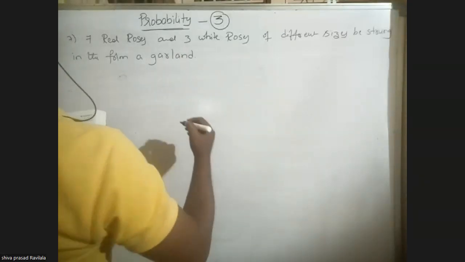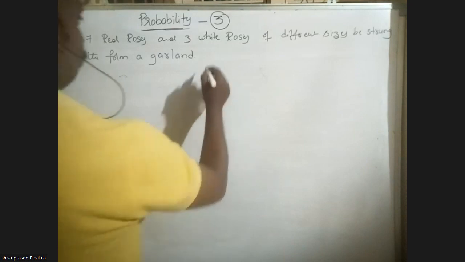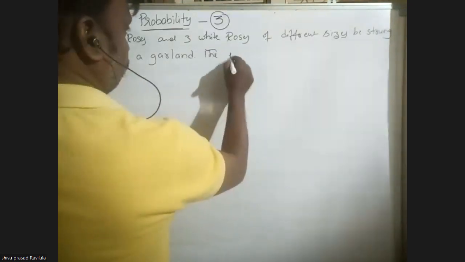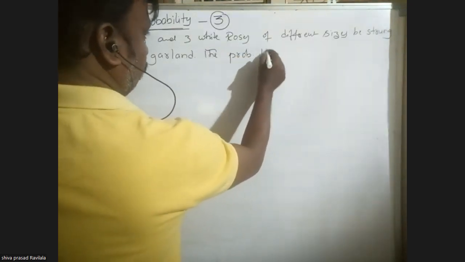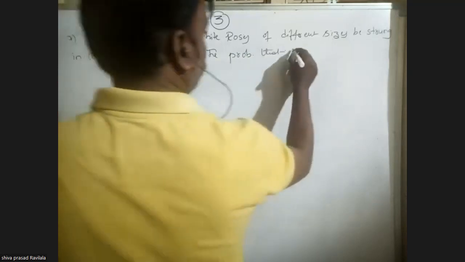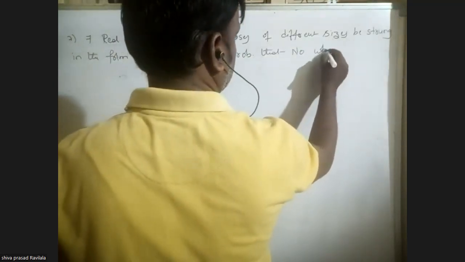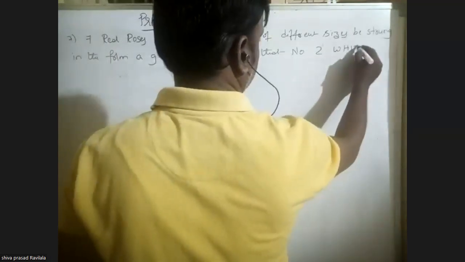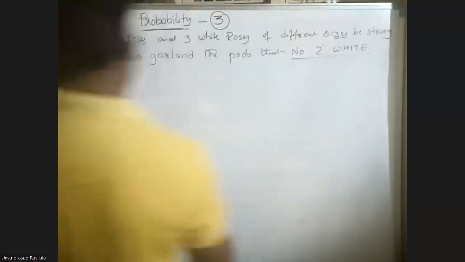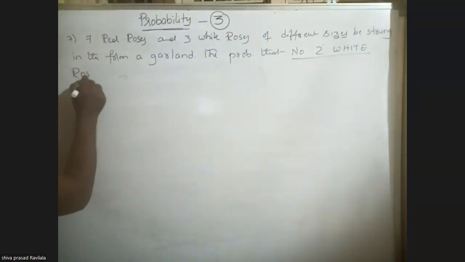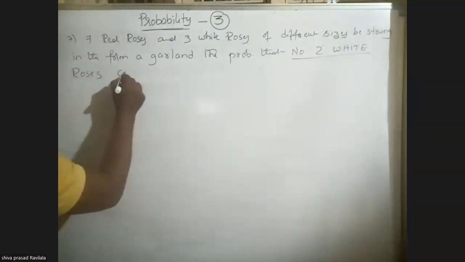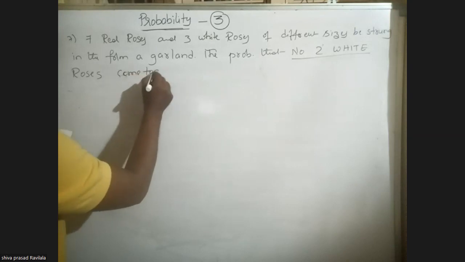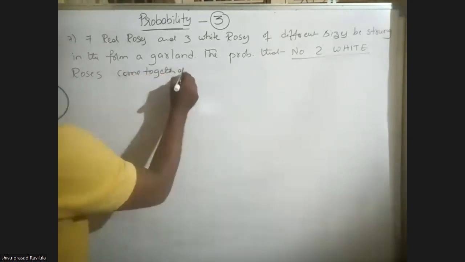The probability that no 2 white roses come together. The probability that no 2 white roses come together, that is, these 2 white roses should not be next to each other.